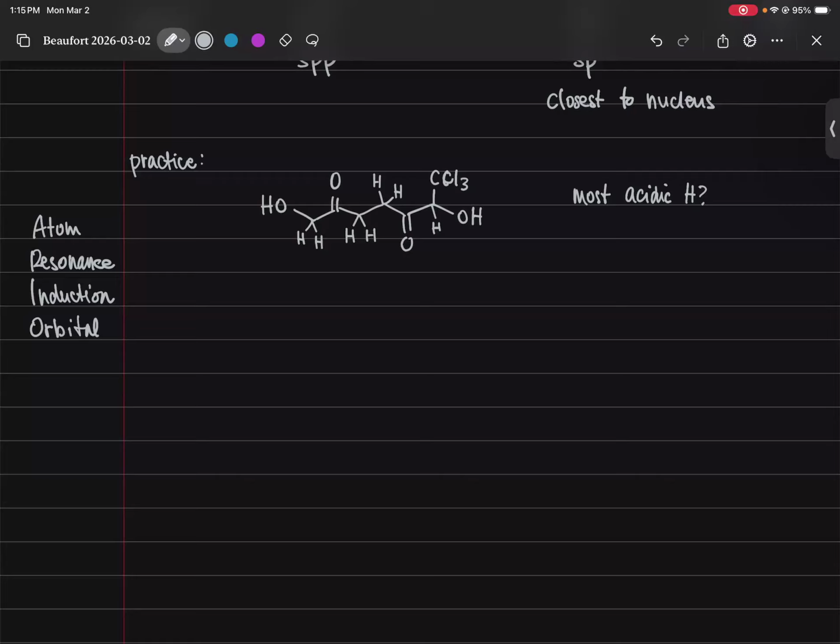Go ahead, take a couple of minutes and tell me which hydrogen you think is the most acidic. There's a bunch of them: 1, 2, 3, 4, 5, 6 different types of hydrogen. You don't have to rank them or anything.